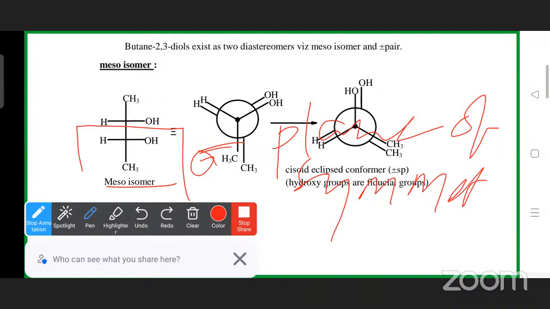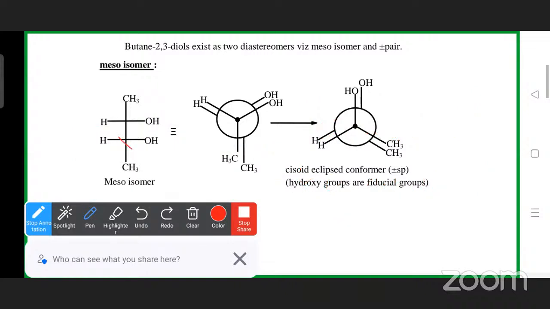Even though it is having chiral centers, how many chiral centers are there? There are two chiral centers, isn't it? Even though, it is an optically inactive compound, because the mirror images, I mean the plane of symmetry is present, sigma is present.